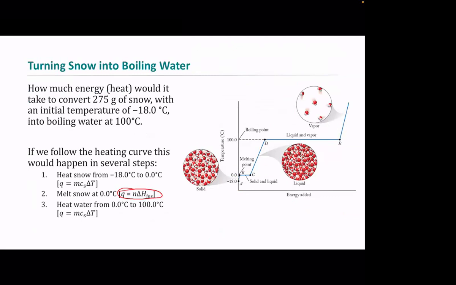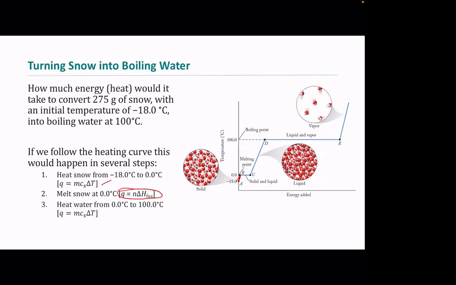So you see what we're doing now? We've got a three-step equation. We're going to calculate the energy associated with taking snow that's at minus 18 degrees C and heating it all the way up to water at 100 degrees C. So effectively, what you're doing is this first step here, right?